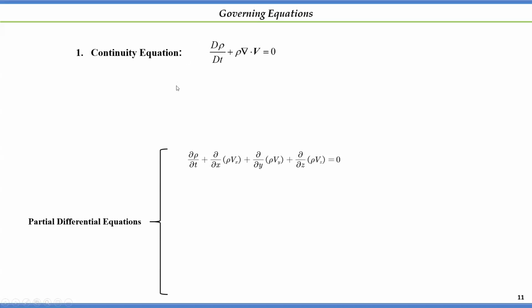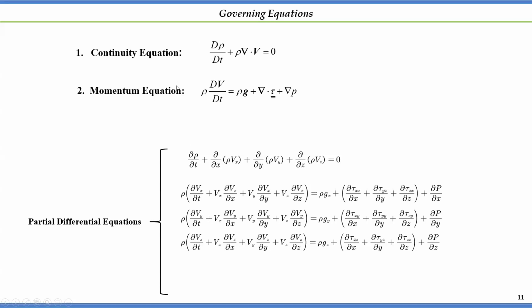What is the momentum equation? The momentum equation is basically Newton's second law, and here momentum is nothing but the velocity times your mass. And here we see that this quantity is a vector. Velocity has three components, so momentum has three components.